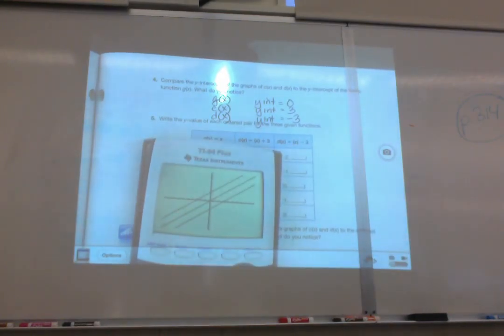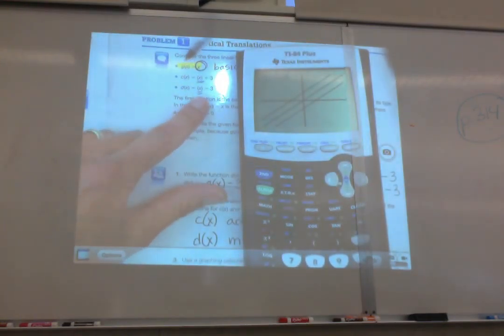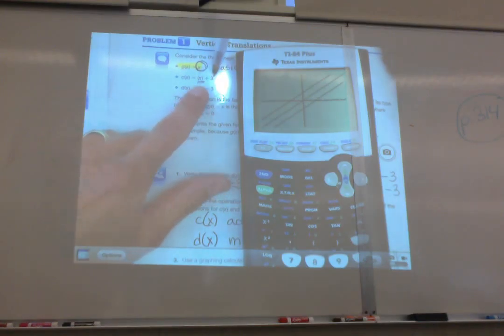Oh, so wait, what's happening here? I have 3 functions. They start out looking like this. That one, that one, that one. When I add 3 to whatever you have right here, what has happened to the line? It's moved, yes? Where did it move? Up 3.